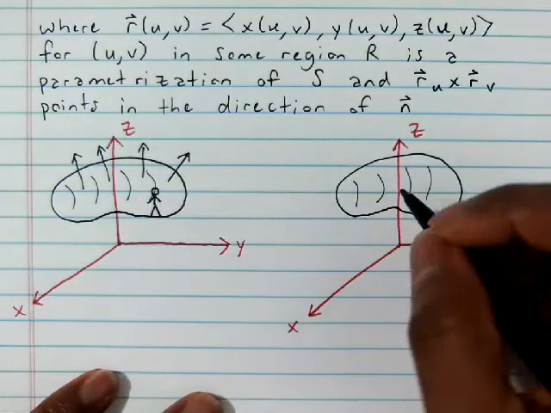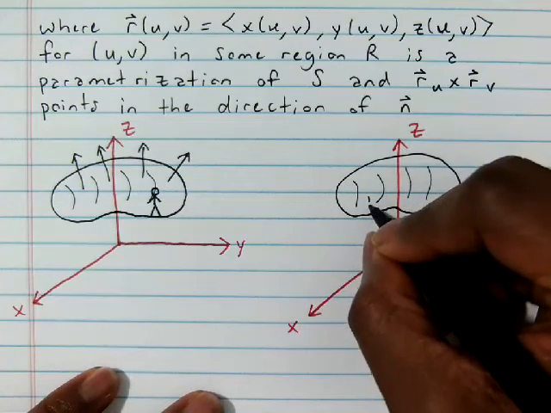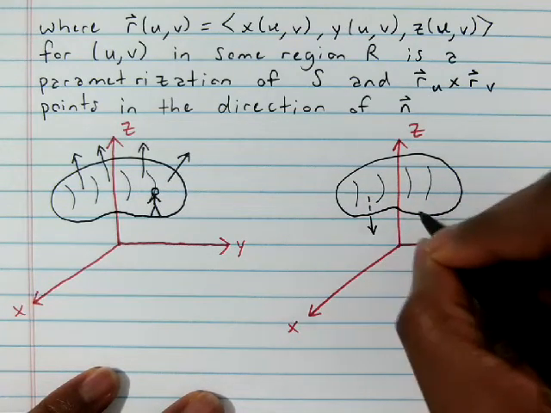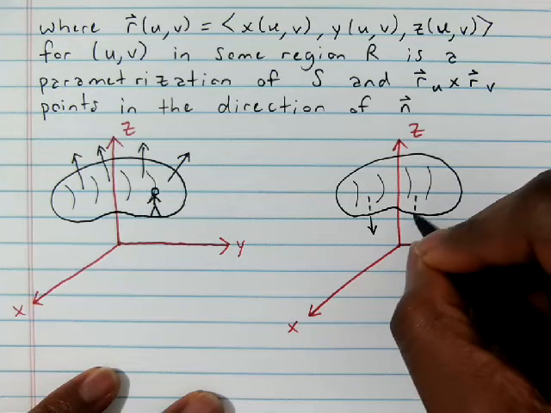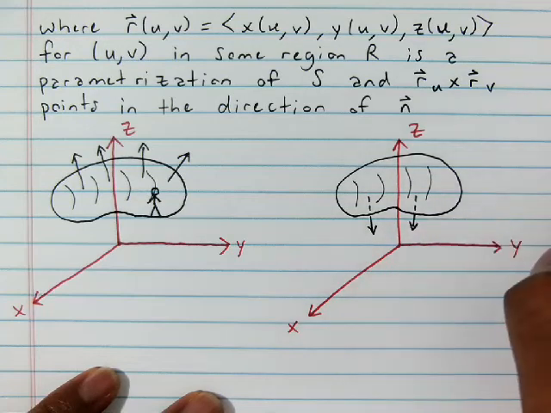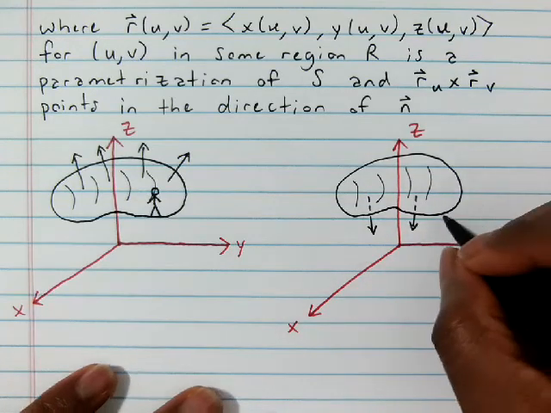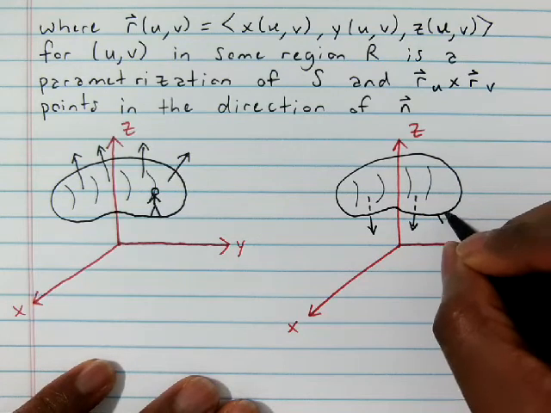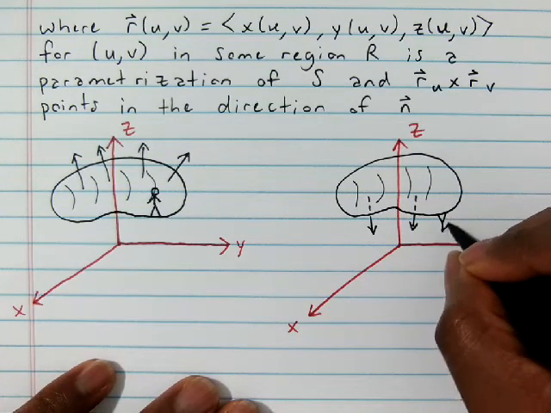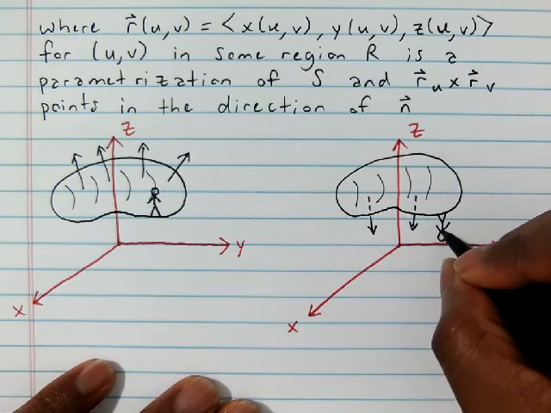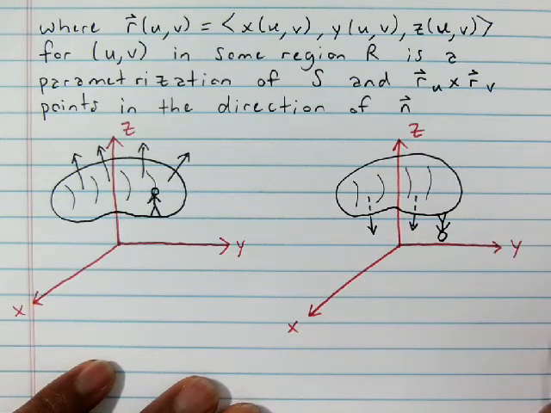So now in this picture over here, we're going to sketch our normal vectors in the downward direction. So we'll just sketch a couple of those. And now that means the head of the stick figure has to go in that downward direction.